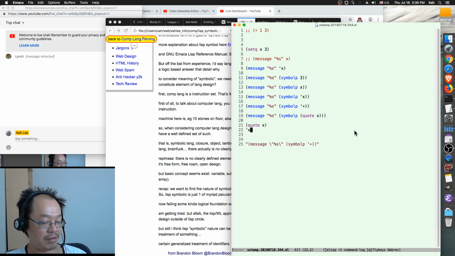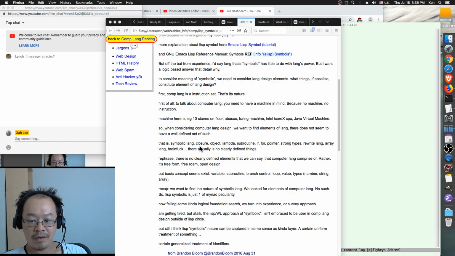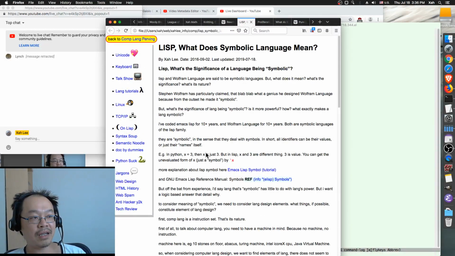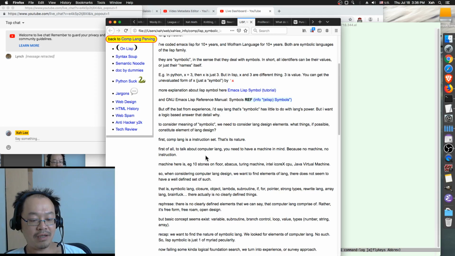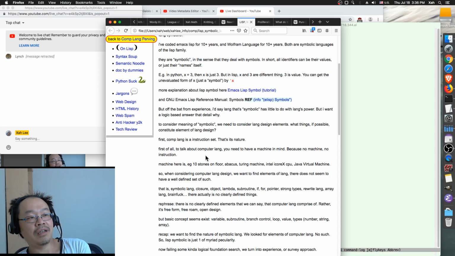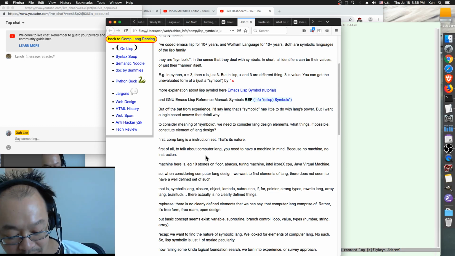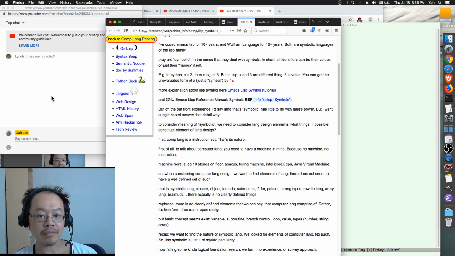So the purpose of symbolic language, it seems to me, is so that they can have this term rewriting. It is a way to achieve the feature of symbolic pattern matching.